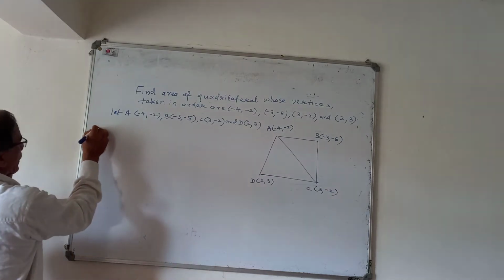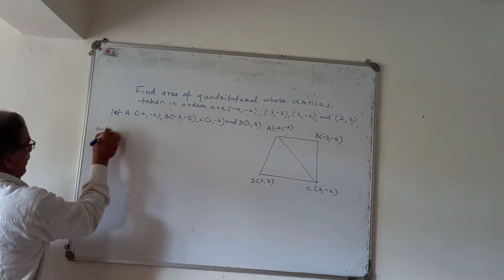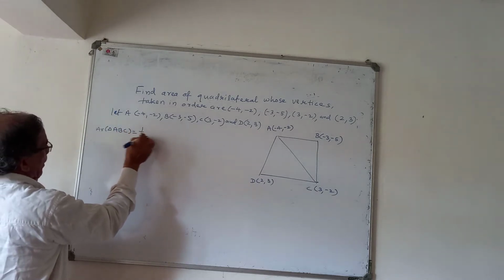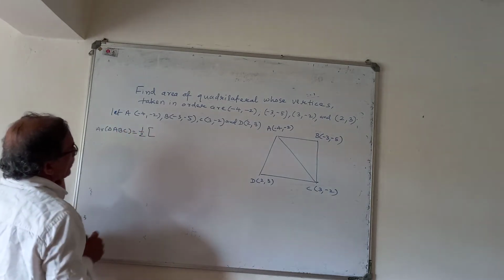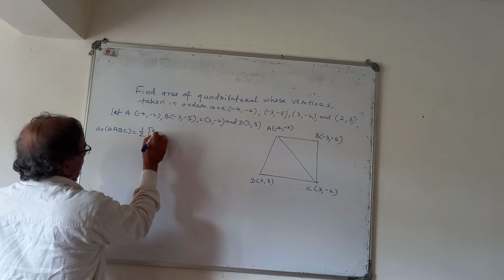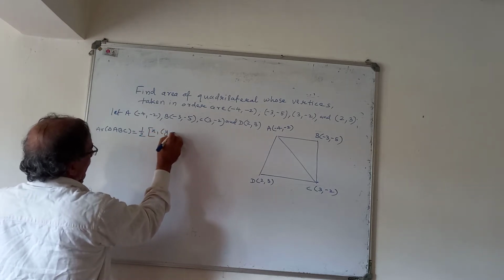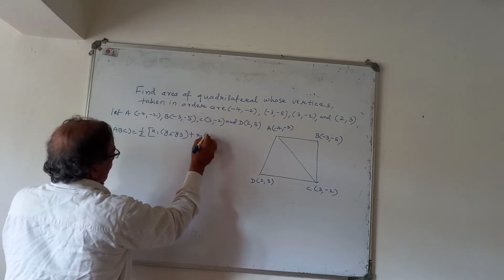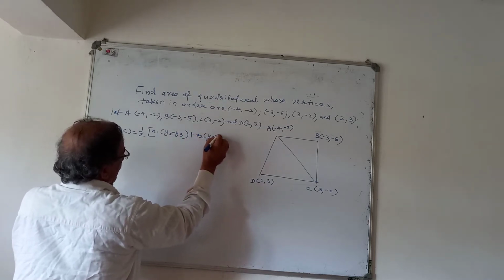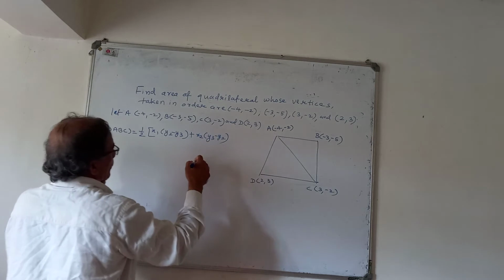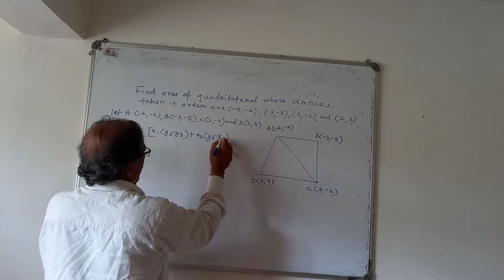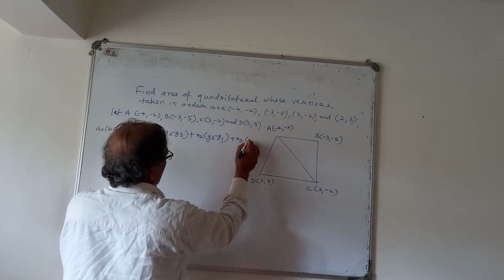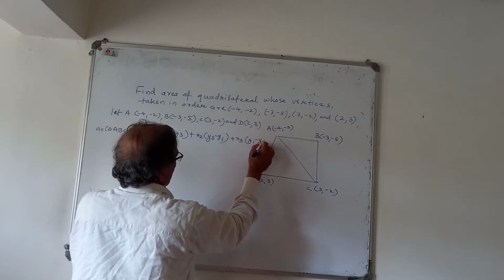So area of triangle ABC is half into x1 into (y2 minus y3) plus x2 into (y3 minus y1), and plus x3 into (y1 minus y2).